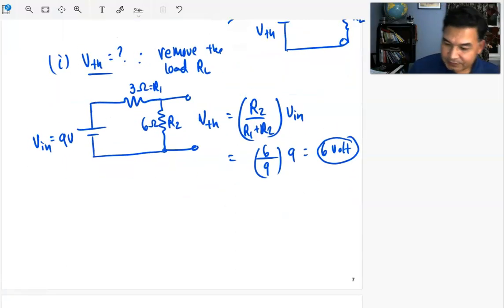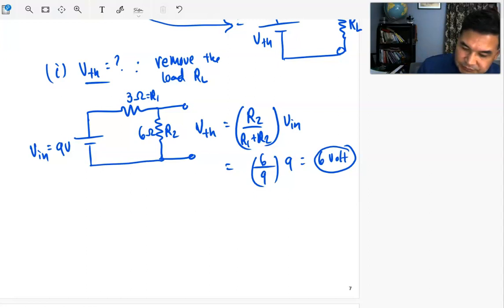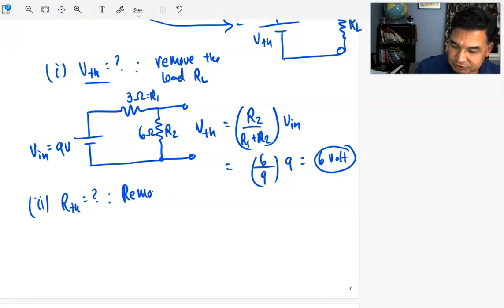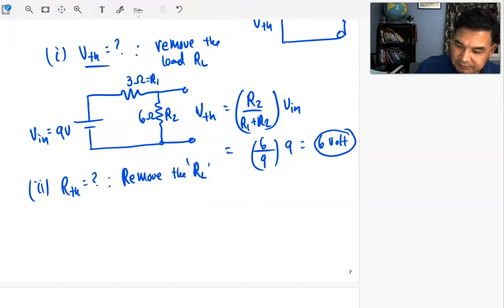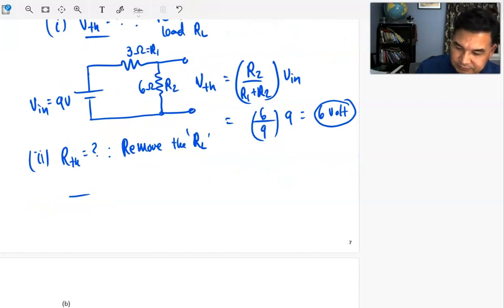Now the next part is finding the Thevenin equivalent resistance. What is the rule? Again, if there is a load resistor, first remove it, and then kill all the sources.